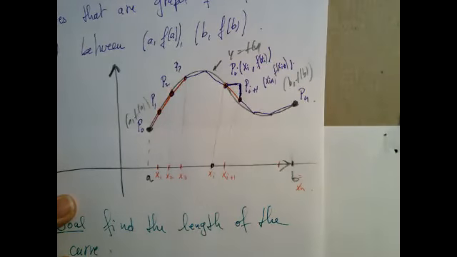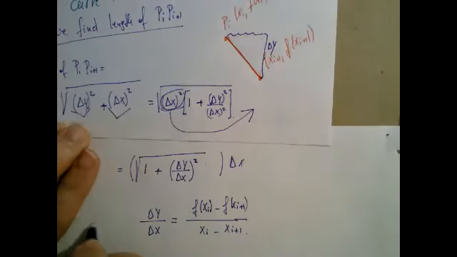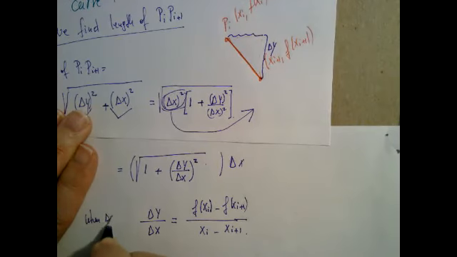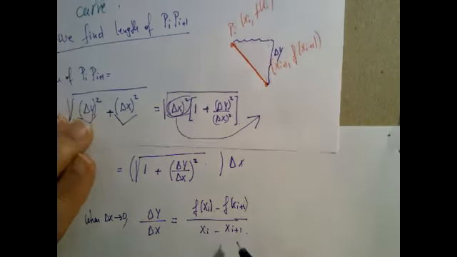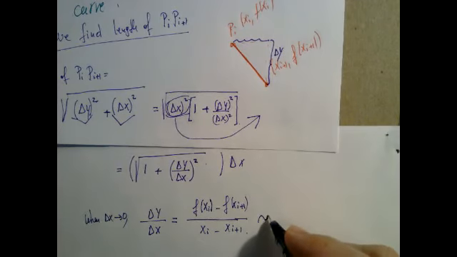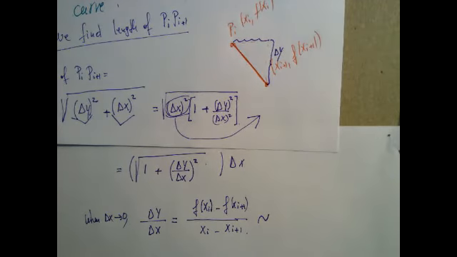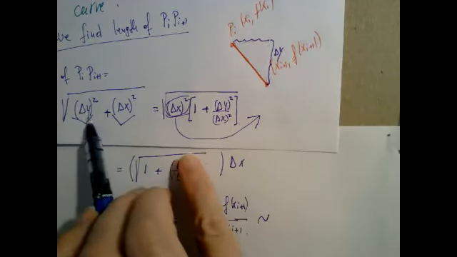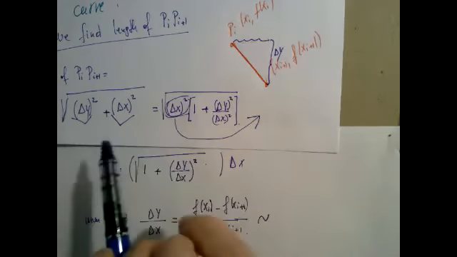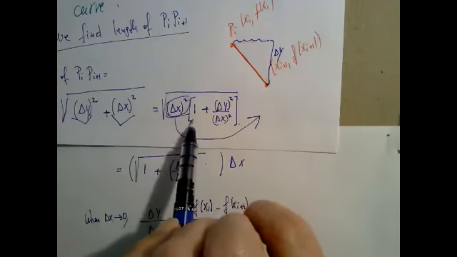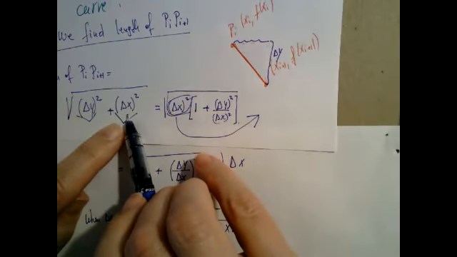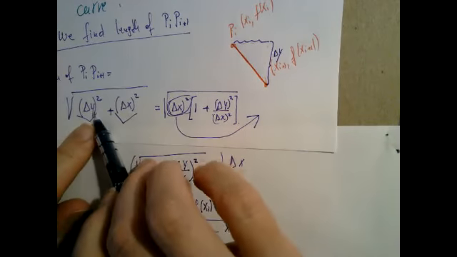And now I'm going to ask you a question. When delta x is very small, delta y over delta x is basically what? Did you see how I factored out delta x squared? I factored out delta x squared here. What did I get? 1 plus delta y over delta x squared.